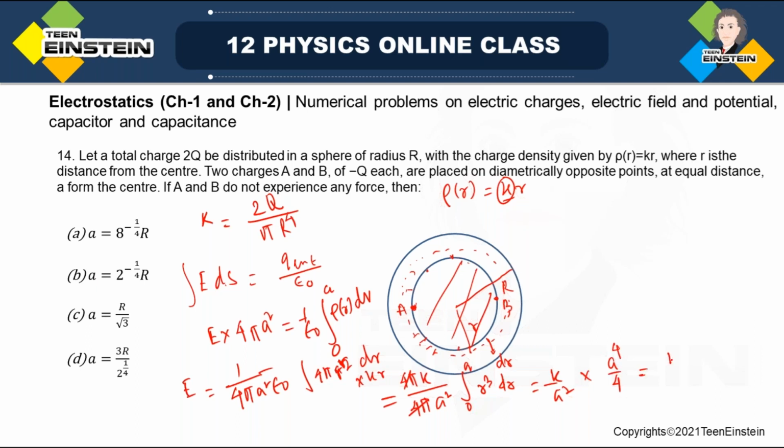So this will give you ultimately k by 4 a square. This k is actually coming from the density part, and we have the value of it. So we'll put the value from there.